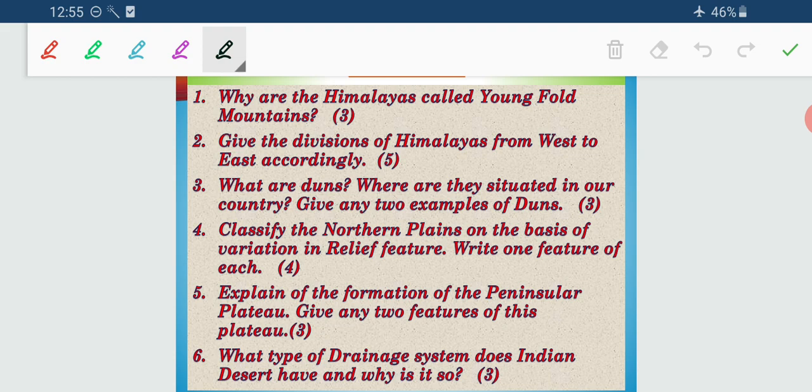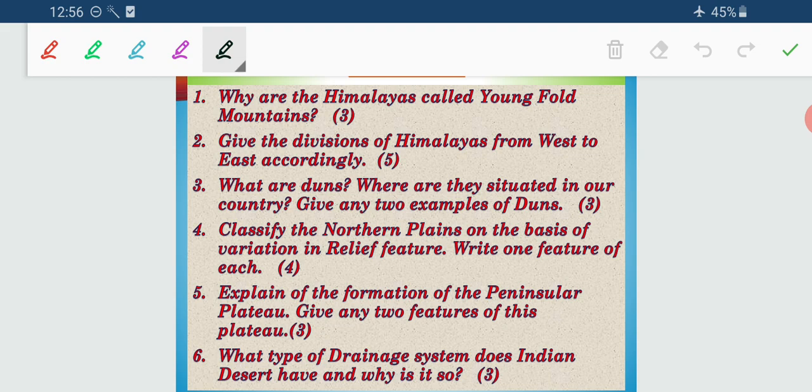What type of drainage system does the Indian desert have and why is it so? The Indian desert has a drainage system which is termed inland drainage. We also term it ephemeral, E-P-H-E-M-E-R-A-L, which means short-lived.